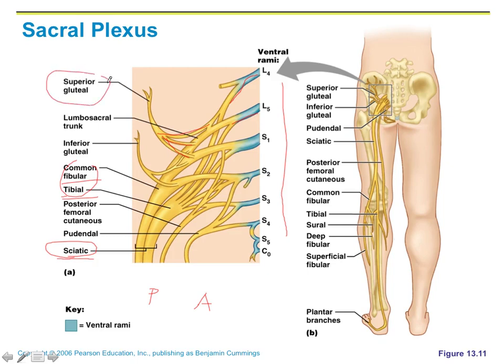So this is called the superior gluteal. Okay, superior gluteal, and then if we take a look at the common fibular, we can see the common fibular is made of the lumbosacral trunk, right? So we can see this one. So it actually comes from L5. Okay, L5.